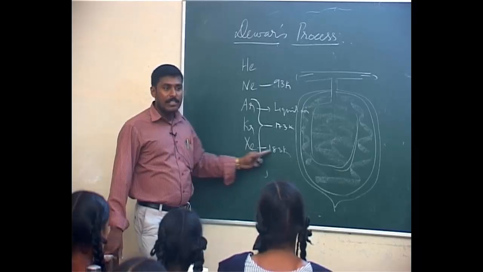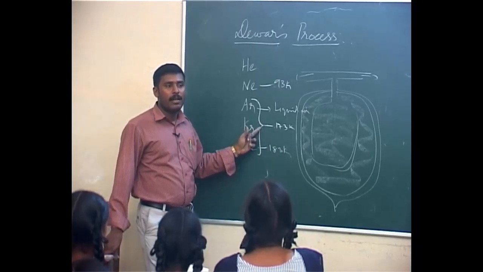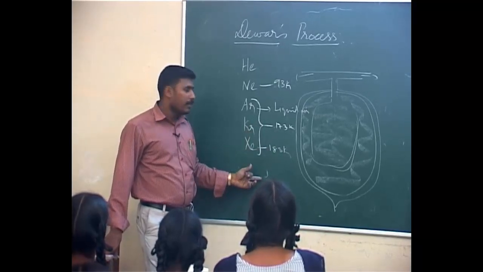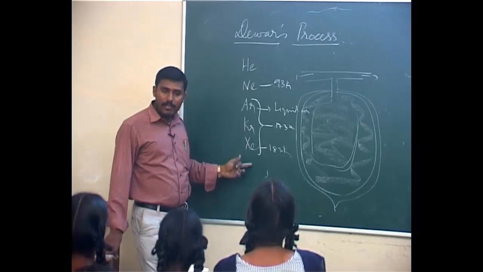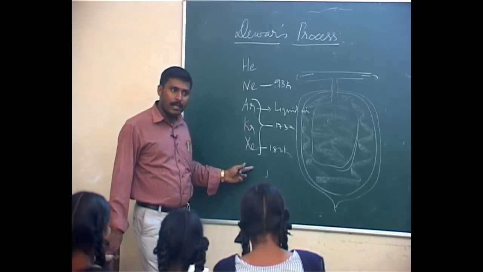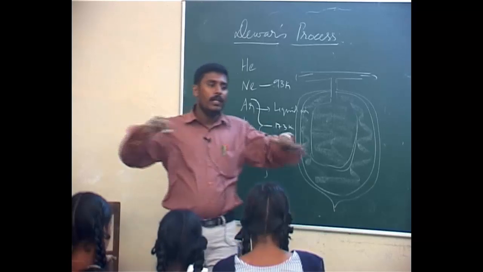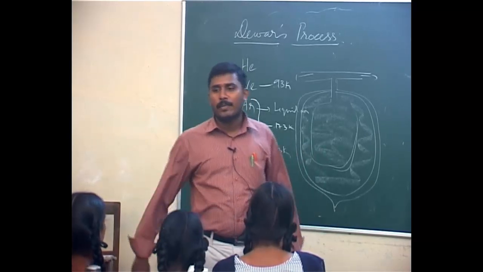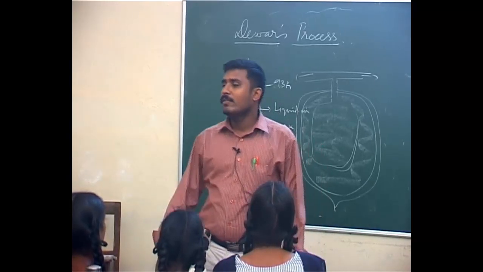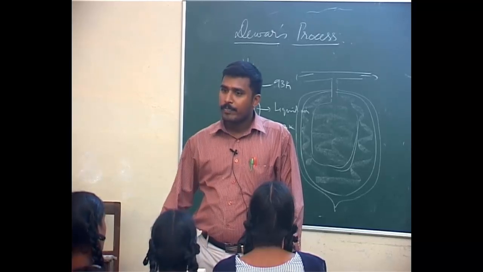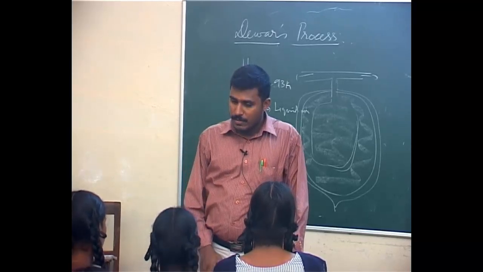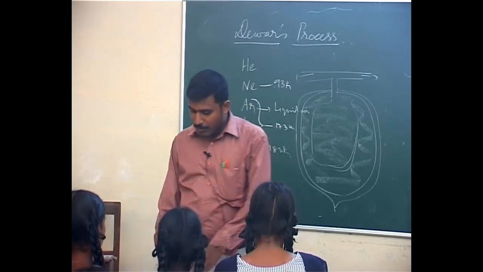At that time xenon will be absorbed easily. What is remaining? Krypton, which we can pump out and collect. Clear? Now you have got all the individual noble gases separately. This is named Dewar's method. Clear? Any doubt? Dewar's process is an important 5-mark question.